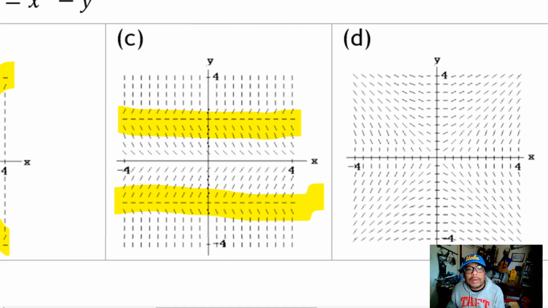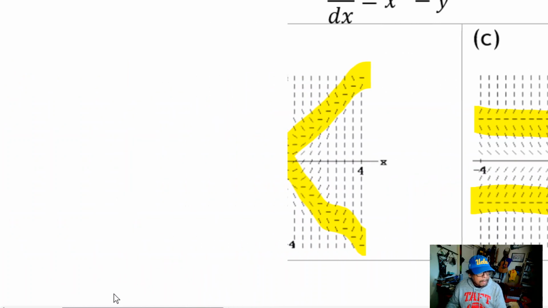And this one right over here, where do I have horizontal slopes? It looks like I have a horizontal slope all up and down this way. That's about it. So the slope is equal to 0 whenever x equals 0. And here we have a slope equal to 0 whenever y is equal to 2 and negative 2.